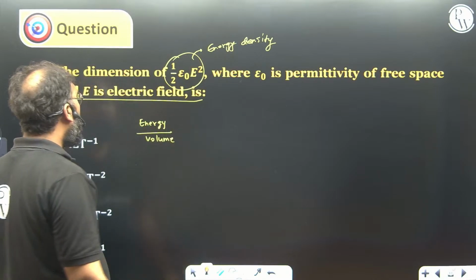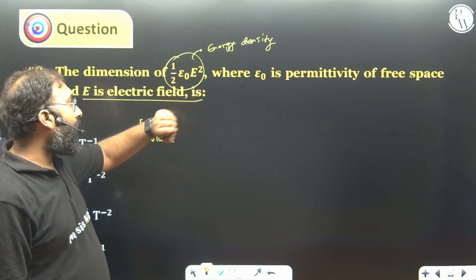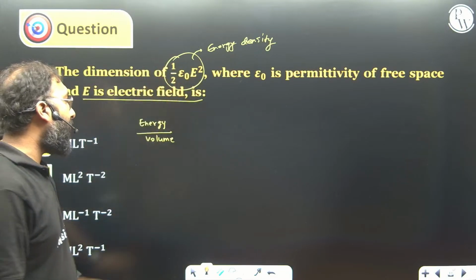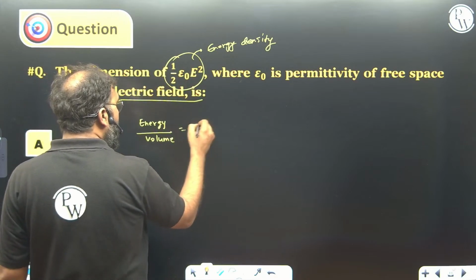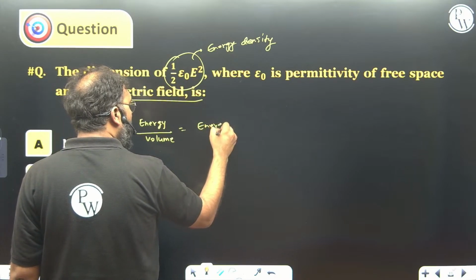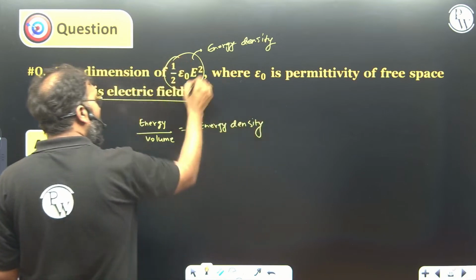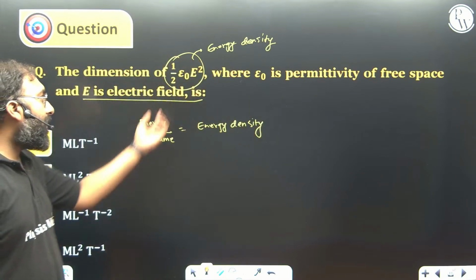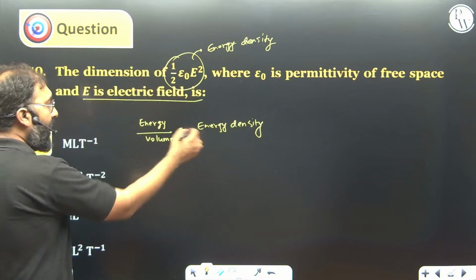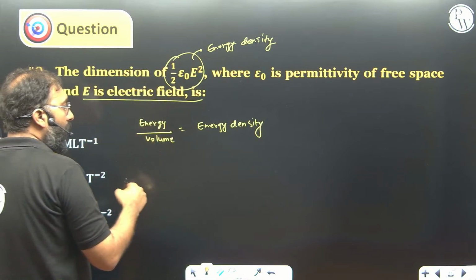They are asking us to find the dimension of energy density. So from this expression, you have to understand that this is energy density, and energy density is written as energy upon volume.